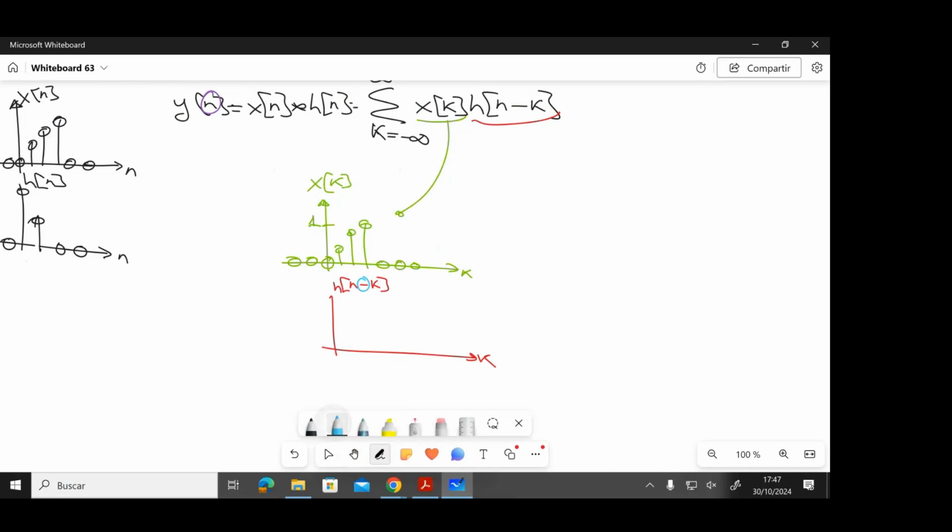So it will be shifted to n. And then it is shifted to minus 1. And then you have all the zeros. Okay, so this is h of n minus k. So this point goes to here, and then it is flipped. And then you have to multiply it. So you have to multiply point by point.